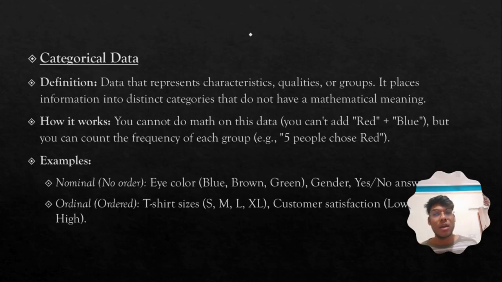Like in a data set where multiple colors have been given, let's take an example of a shopping mall where people are buying black and white clothes more, and people are not wearing more colors often, like red, blue, or orange. So they're not wearing those colors.